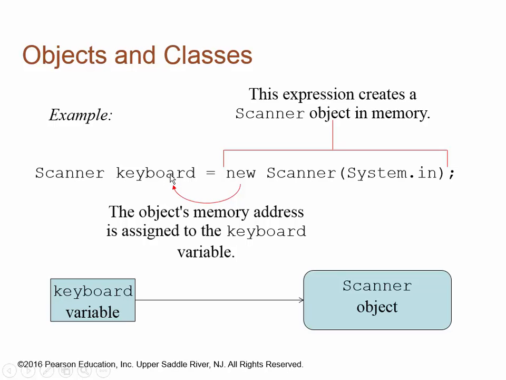So really, keyboard is the object of class Scanner. Now that's not exactly what the author says here, but pretty much that's what's happening. Scanner is the class. Keyboard is the name of the object of class Scanner, okay? And in order to do its thing, it needs to have a parameter passed, in this case System.in.